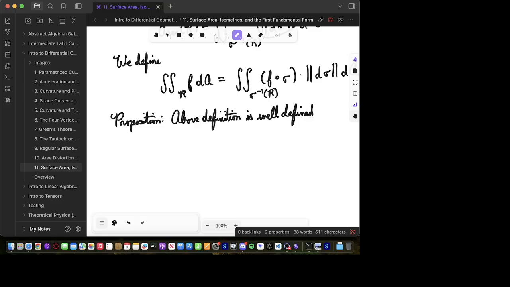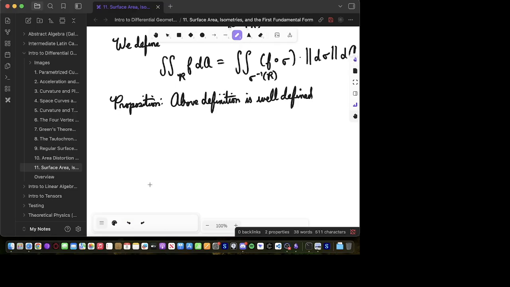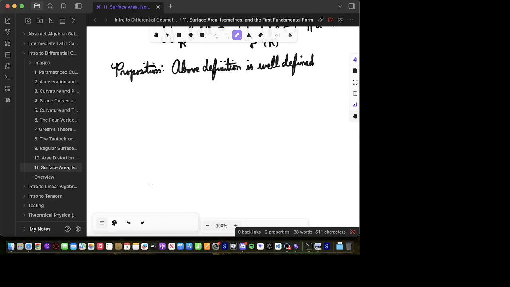That means if we have 2 different surface patches that both cover R, then the integral of this should be the same in both cases. We're not going to prove it yet, but we need a lemma first. So we need a tool to help us before we begin proving.